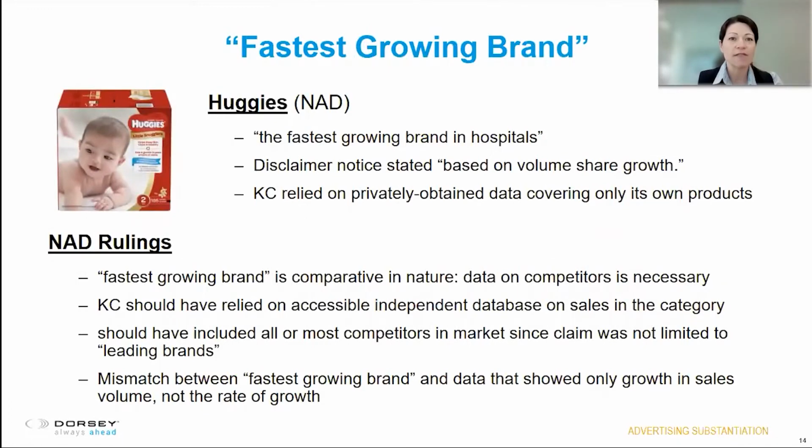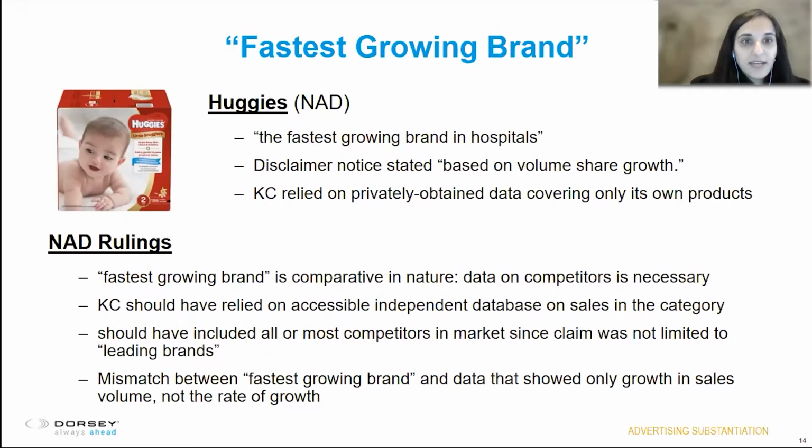All right, and then we have the fastest growing brand claim, which is another type of comparative advertising claim. This is another NAD case, Huggies versus Pampers, cute little babies. Fara, I think you have diapers later in the program too. As I mentioned before, some industries use the NAD a lot, and diapers is one of those industries.